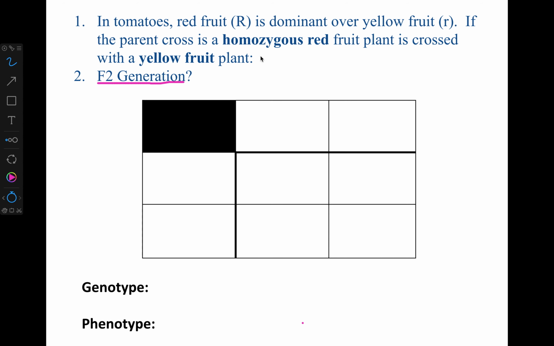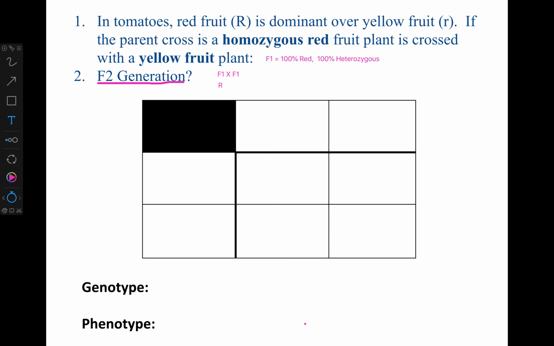If you remember from the previous page, the F1 is 100% red and 100% heterozygous, which means if we want to get an F2 generation, we need to do an F1 times an F1. We need to cross those two, and we know that both of those F1s are going to be heterozygous, right?